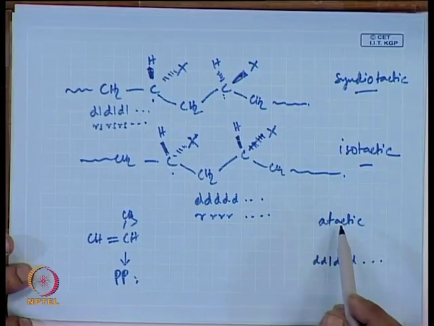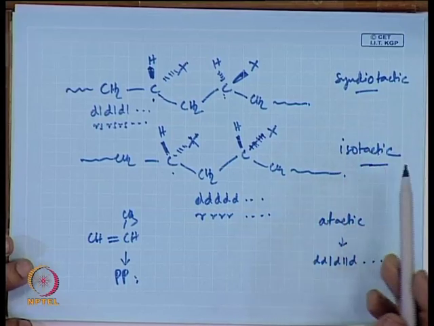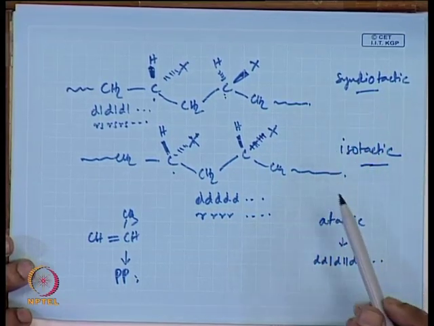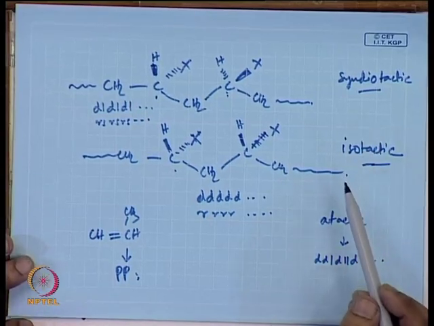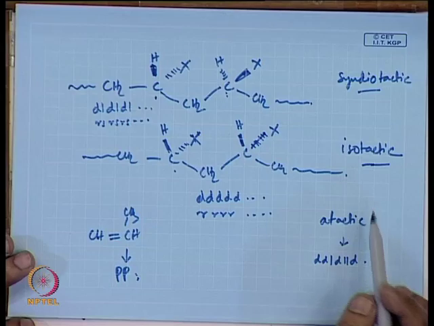So, if you want a practical application or utility of polypropylene, you should have regular structures like isotactic, or in some cases syndiotactic, which is also able to crystallize, but probably to a lesser extent compared to isotactic polypropylene.